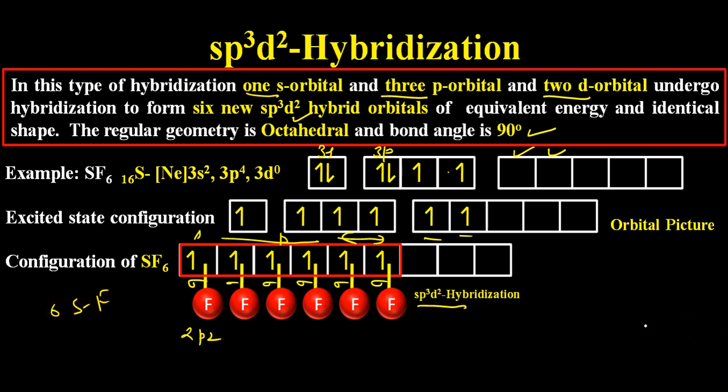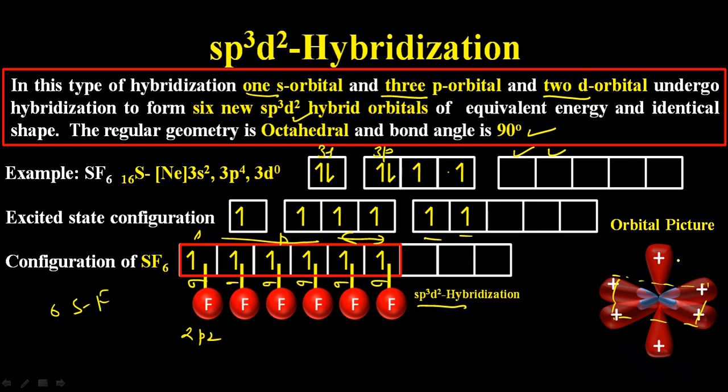The orbital picture is like this one. Here all these orbitals are sp3d2. So there are 6 sp3d2 hybrid orbitals. So the geometry of sulfur hexafluoride will be like this.